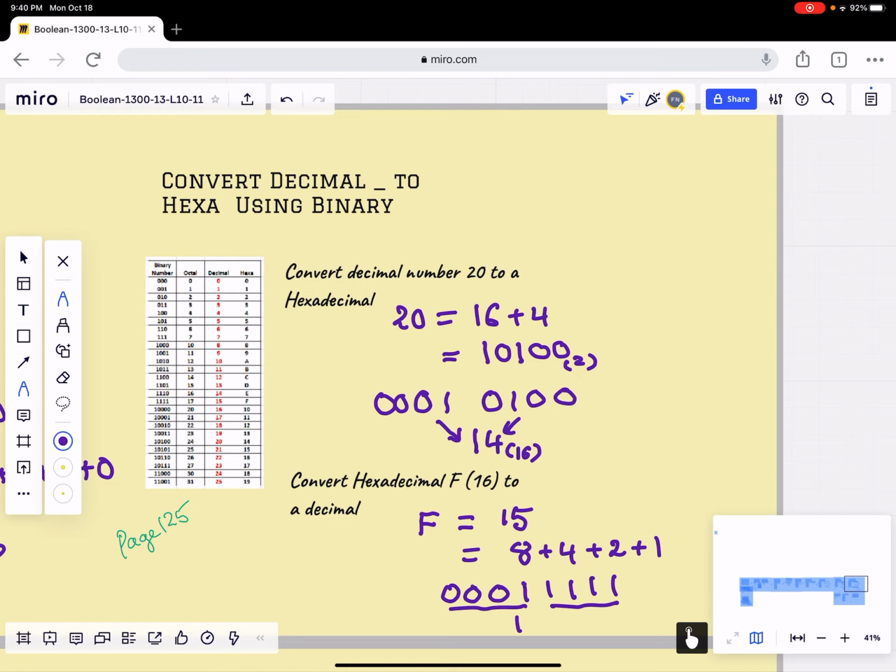And this one is 8 plus 4 equal 12, 12 plus 2 equal 14, 14 plus 1 equal 15. Let's do this again.